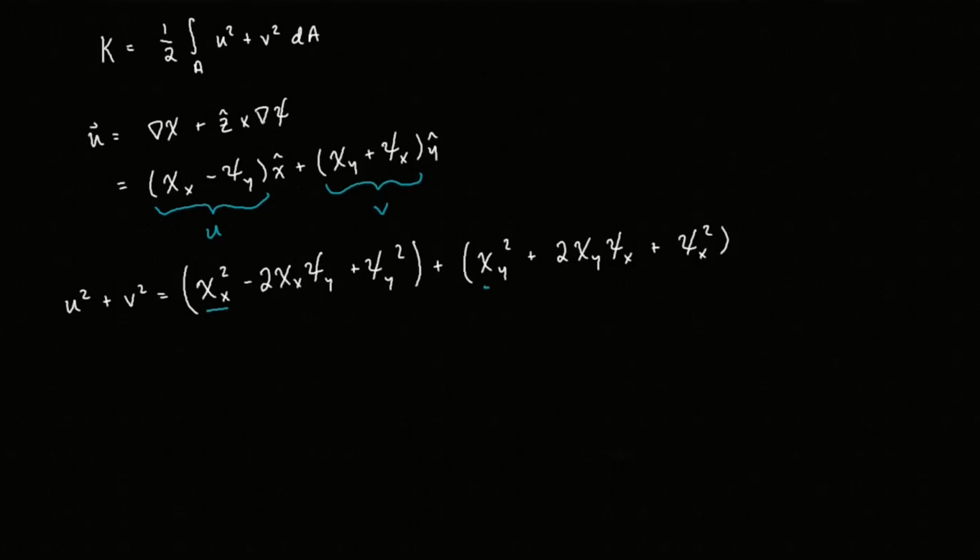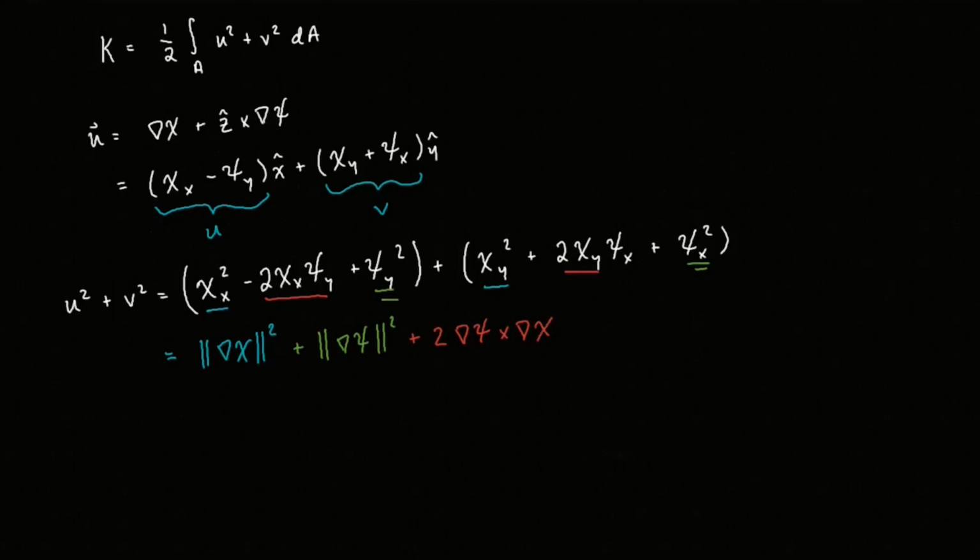So these guys together give us the magnitude of grad chi squared. These two give us the magnitude of grad psi squared. And the remaining terms give us 2 grad psi crossed with grad chi.